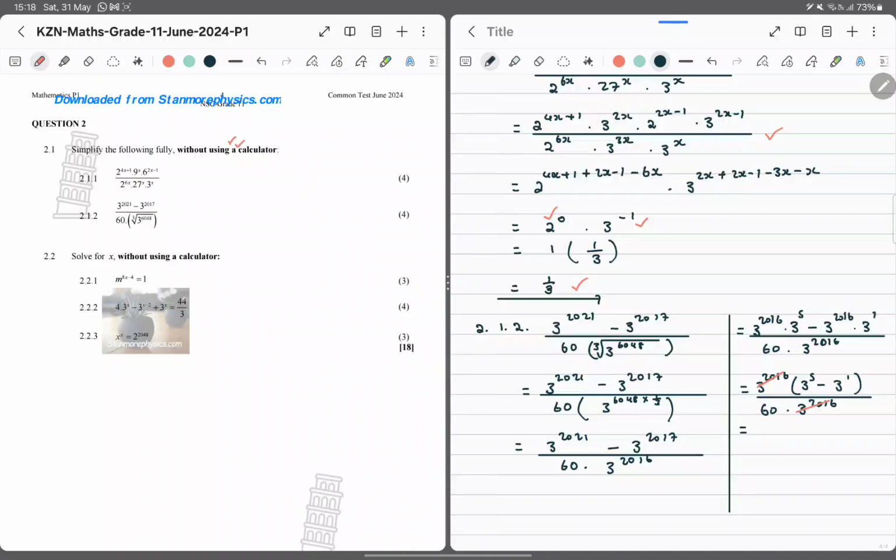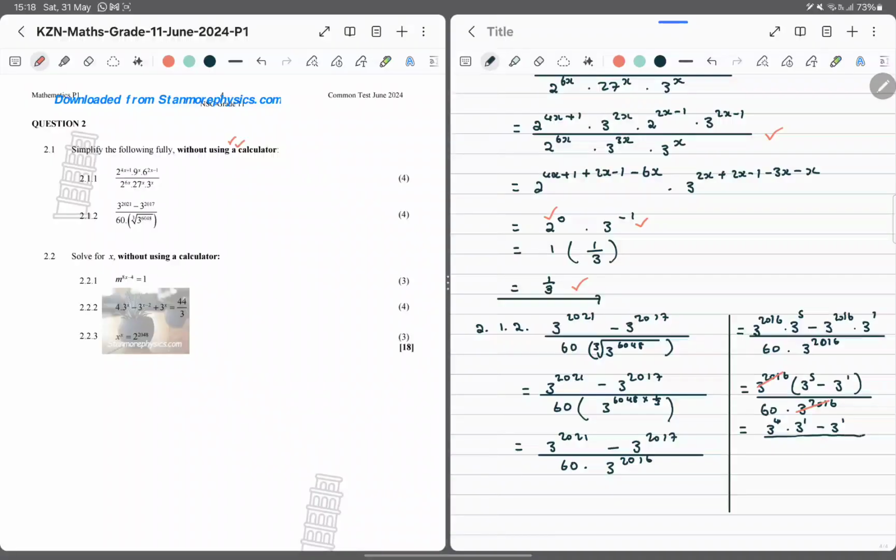I don't know what we're going to do here. But because I don't want to give the impression that I used a calculator, I will say 3 to the 5 is basically 3 to the 3, which is easy, times 3 to the 2, minus 3 to the 1. Perhaps let's just say 3 to the 4 times 3 to the 1.